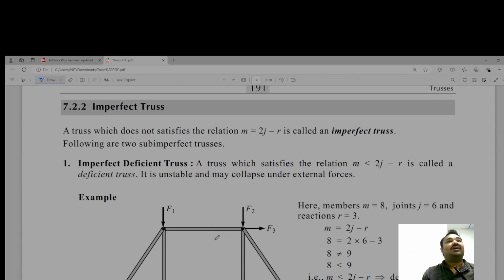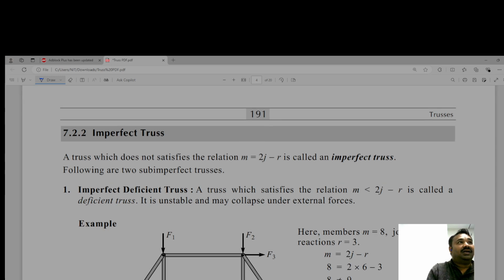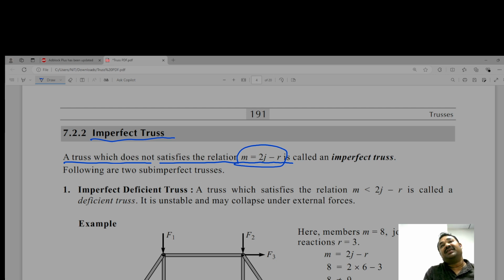And now what about the imperfect truss? As we know, a truss which doesn't satisfy the relation M is equal to 2j minus r is called an imperfect truss. And we also know there are two types.